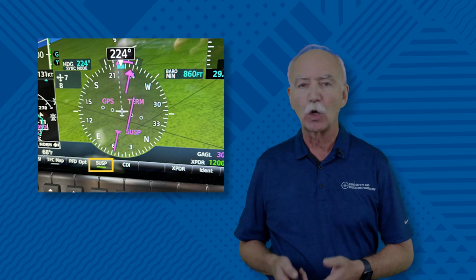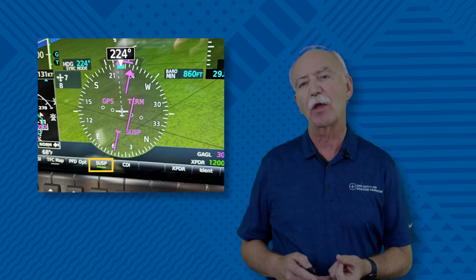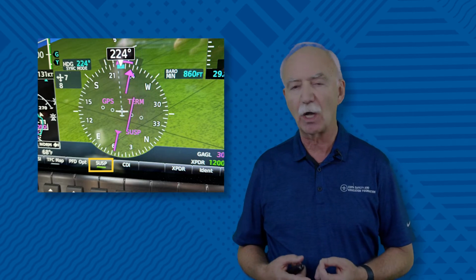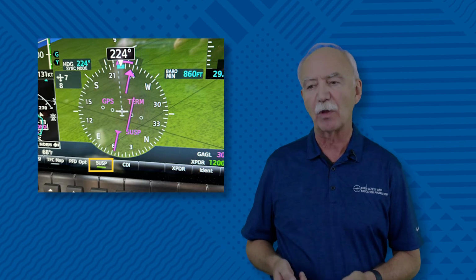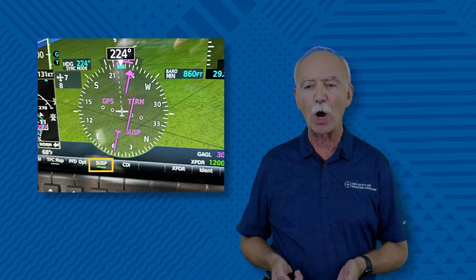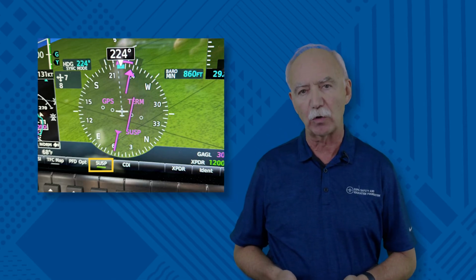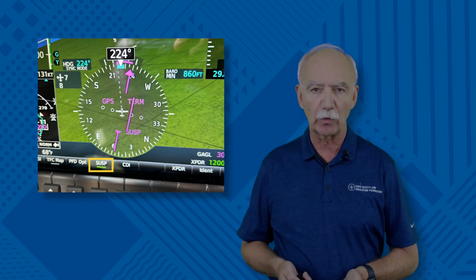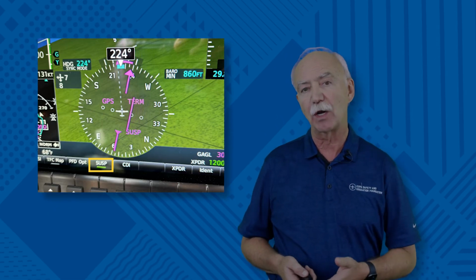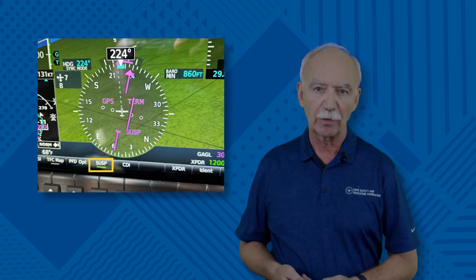First of all, Garmin is the only avionics platform that uses Suspend at all. OBS is available in Avidyne platforms and in other types of avionics platforms because it serves the same function for all of those. But Suspend is a feature that Garmin had to invent 30 years ago to stop the waypoint sequencing, particularly on an instrument approach, because when you reach the final approach, missed approach segment, which is usually the runway at an airport, the navigator did not know if you were going to land the airplane or fly the missed approach.